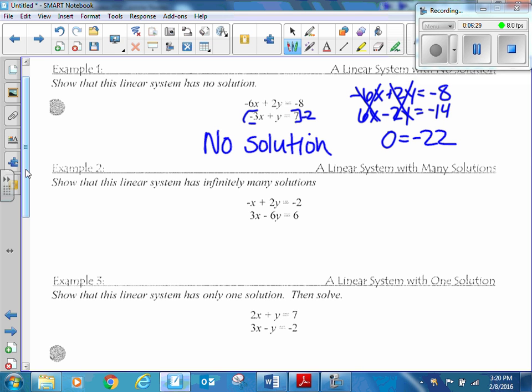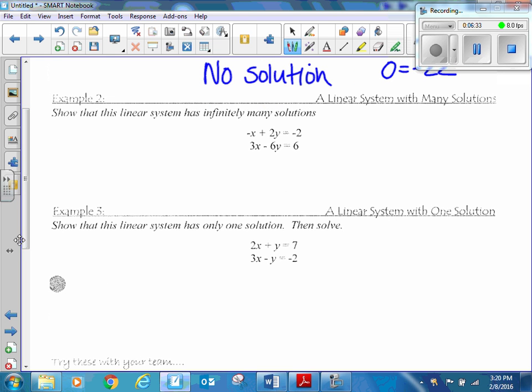So I'm left with 0 equals -22, and when I'm left with 0 equals a number, that's no solution. Let's look at my next one. I would multiply the top by -3, so I have -3x plus 6y equals -6, and the bottom stays 3x minus 6y equals 6.